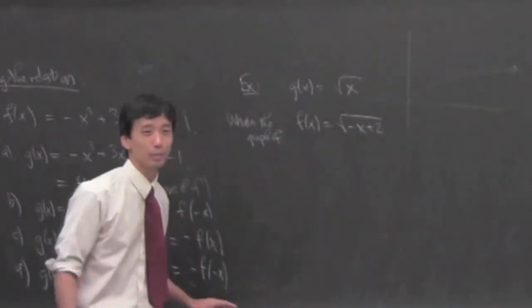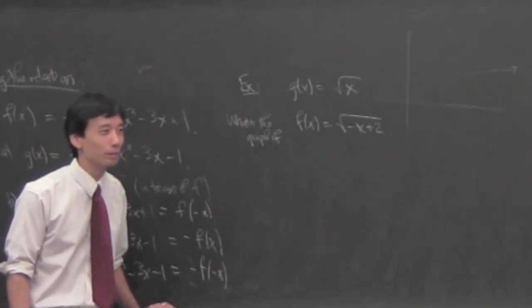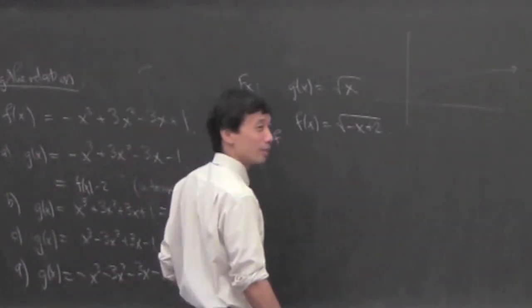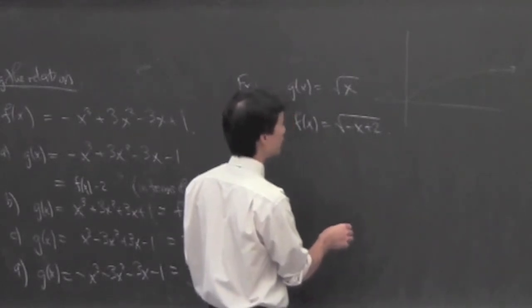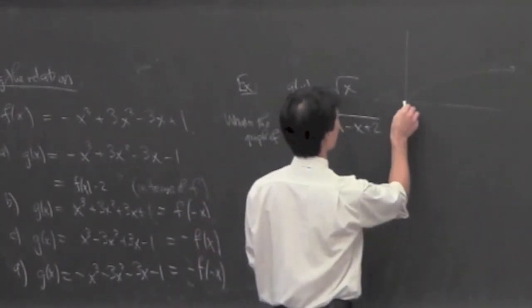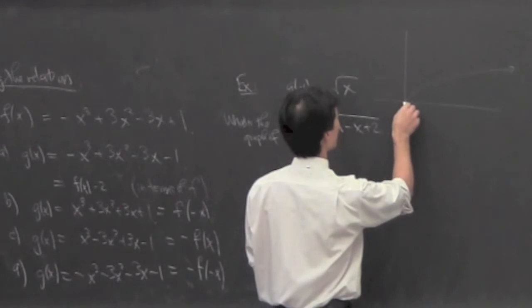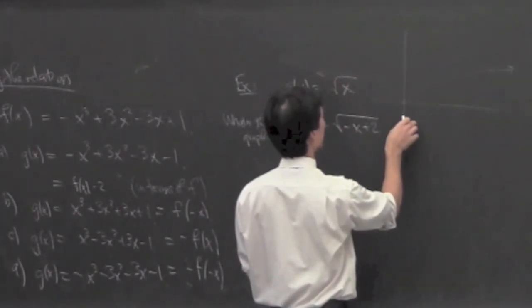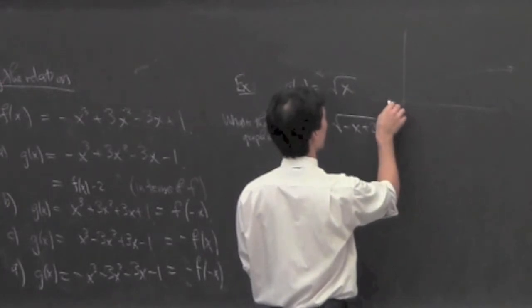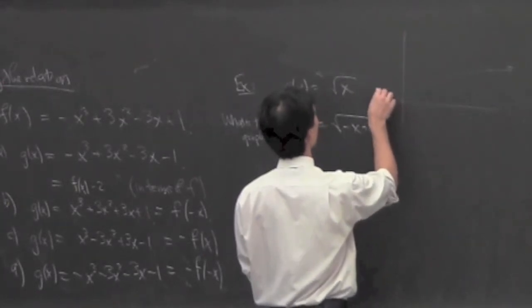Okay, so would people like to make guesses on what it is? So negative x is reflected on the y-axis, so you reflect it, and then plus 2 means that there's 2 to the left.